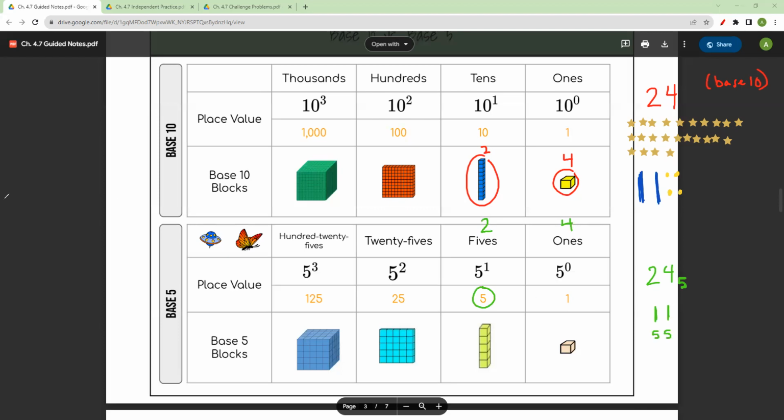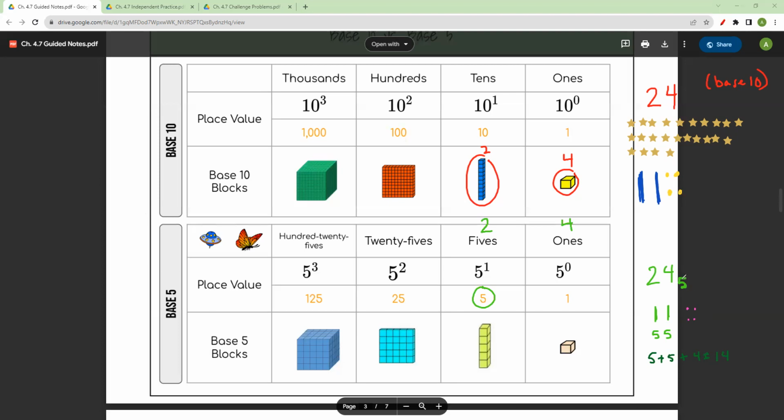And then we still have 4 ones, which is like this pinkish peachy color. So we have 1, 2, 3, 4. So to us it's 24 base 5, but what it really means is 5 plus 5 plus 4. So if we were going to write it in our base 10 system, that would be 14 in base 10.